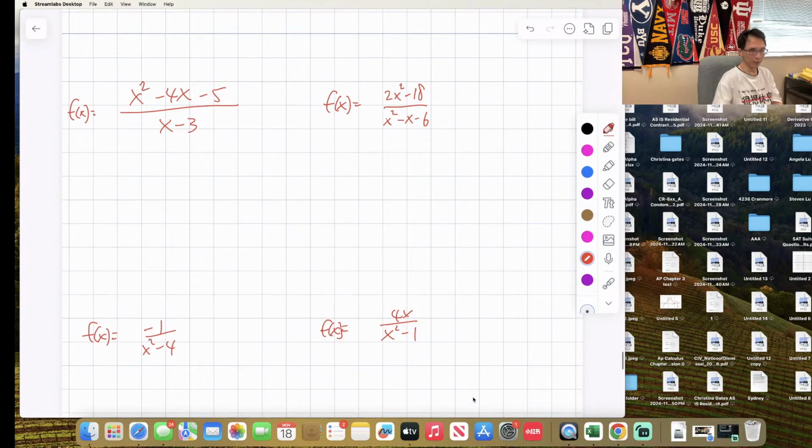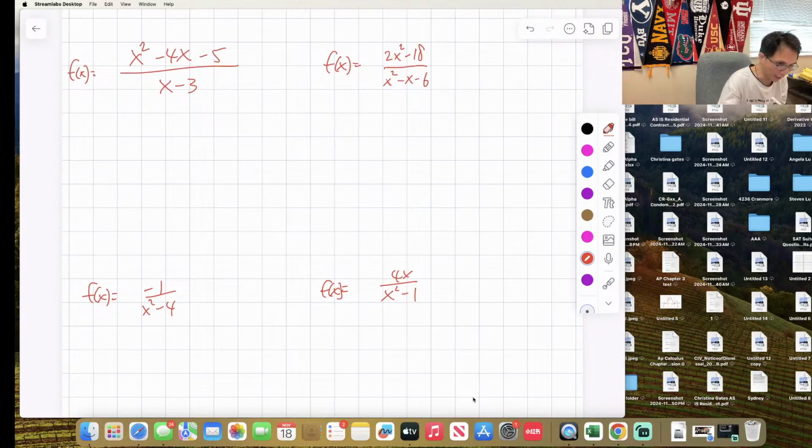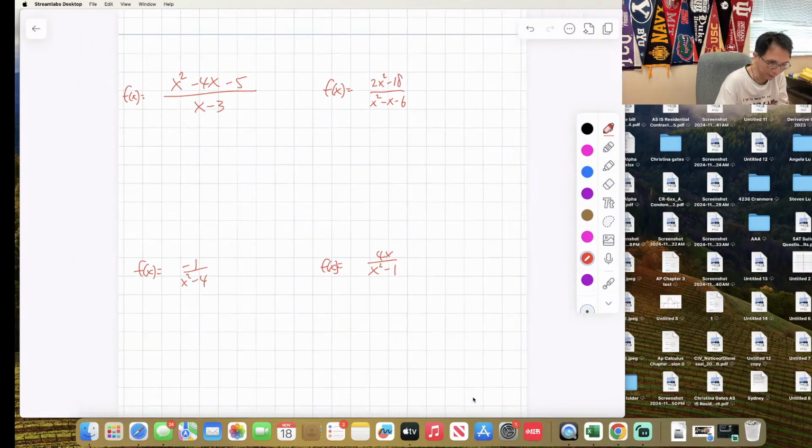So this is a classwork plus homework. You have to find all 9 things: x-intercept, y-intercept, and so on. I will say the top 2 are very similar to the test questions, and the bottom 2 are just extra practice. Make sure you understand how the behavior next to a vertical asymptote works.